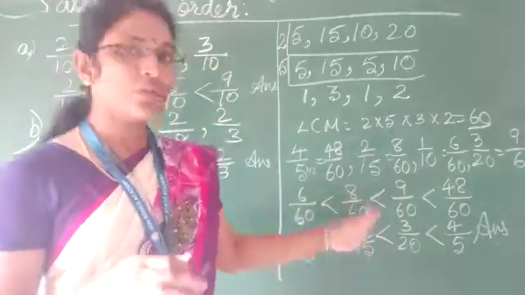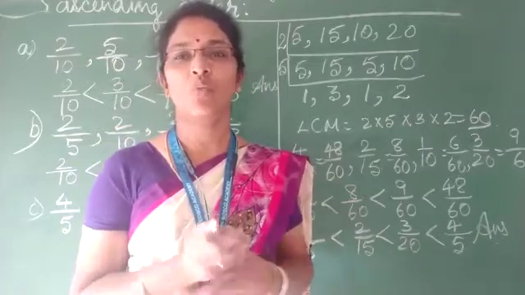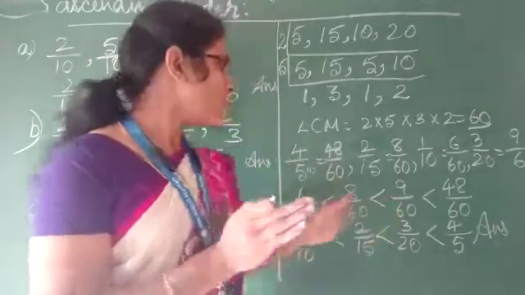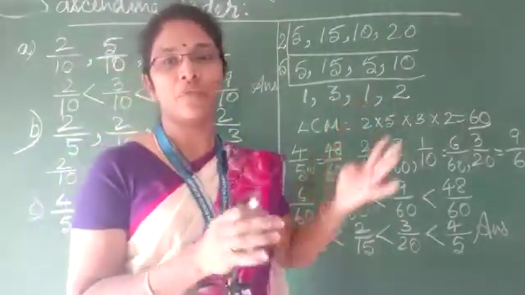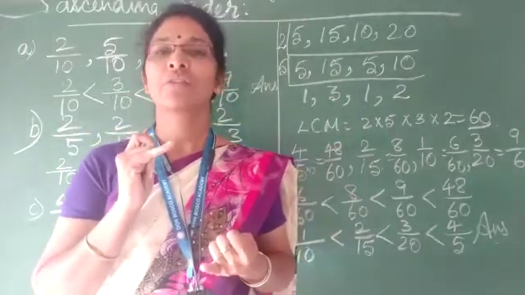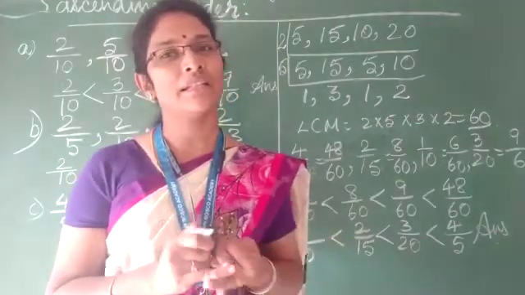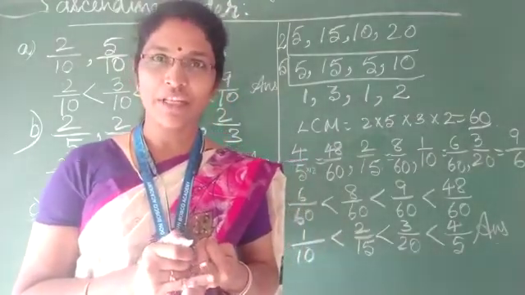Now, if a question comes to write them in descending order, what do we have to do? All these steps will be the same. First find the LCM, and second, find equivalent fractions for the given fractions having that LCM as the denominator.